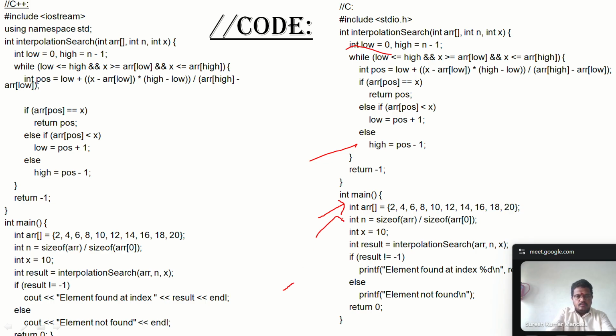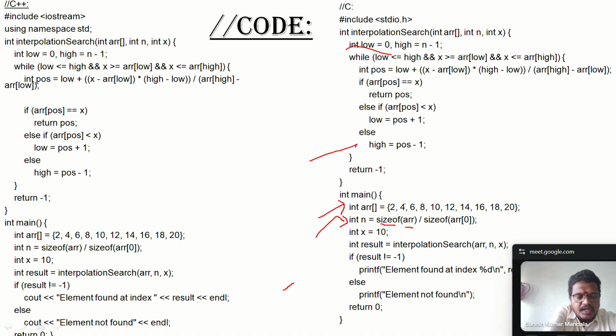What is the int n line? This line is used to identify how many elements are present within the array. In C language we have a predefined function called sizeof. Using this function we can identify the size of a particular variable. Array is an integer type variable with 10 values.